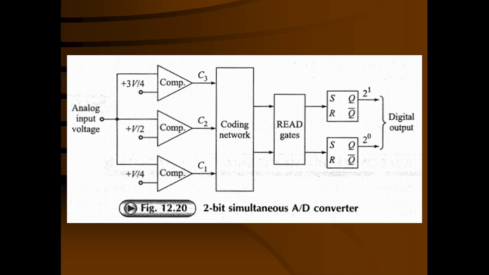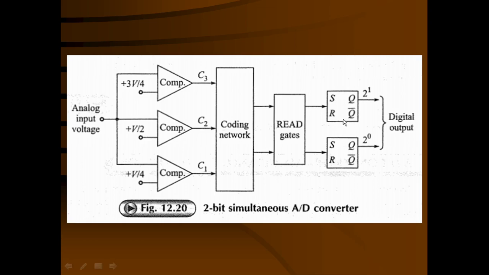Analog voltage from 0 to plus V volt is given as one of the inputs simultaneously to all the comparators. And output of these comparators C1, C2 and C3 may be high or low. It is given to the coding network and it converts into the digital signals. And those digital signals are going to be read by these read gates, maybe AND gates, and the AND gate is going to be enabled, and that data is going to be stored into the flip-flop register.